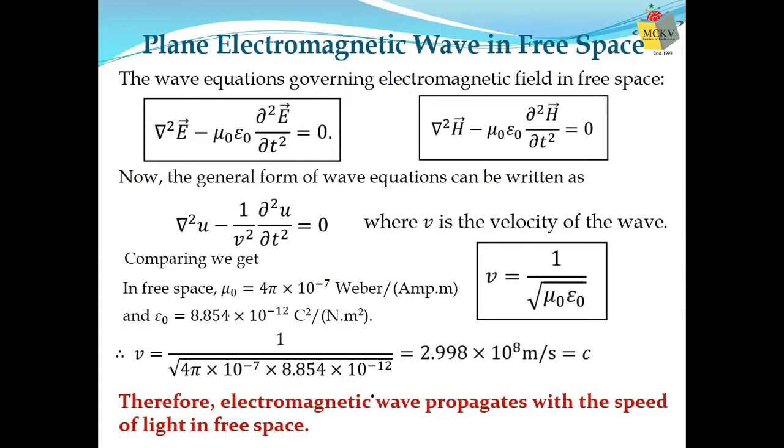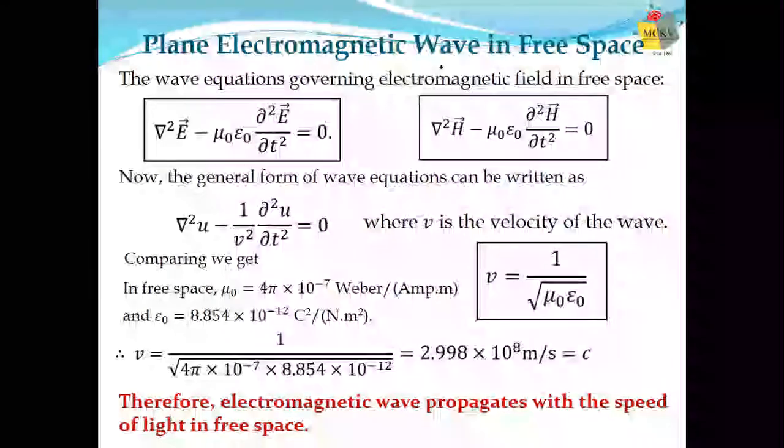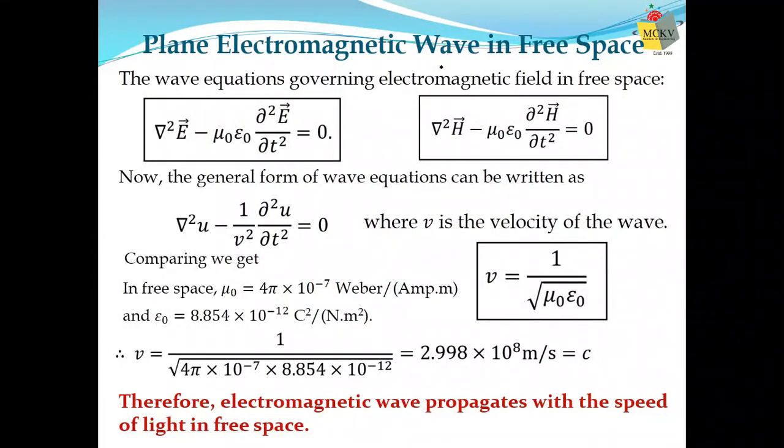And that magnetic field, in turn, if it depends on time, also creates an electric field. So the point is, if somehow an electric field is created, that time varying electric field creates a magnetic field. That time varying magnetic field in turn creates the electric field, and the process continues. And in that way, an electromagnetic wave propagates.